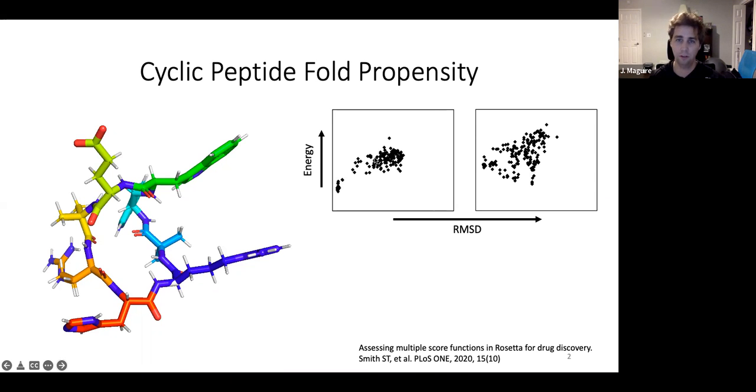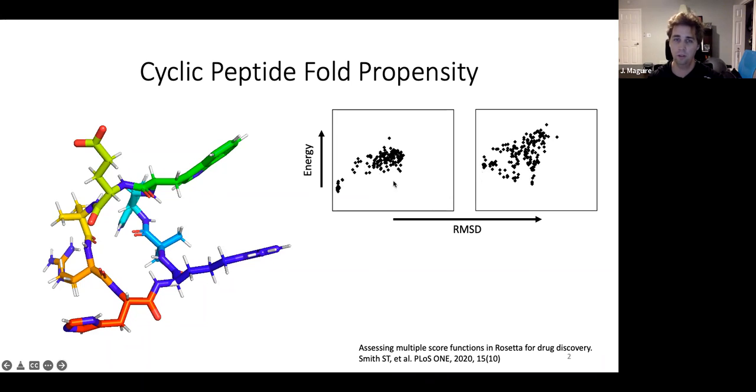So this funnel on the left is exactly what we'd like to see. I stole this from one of Shannon Smith's papers, but we see this pattern a lot in our community's literature. And on the right, this is less ideal. Some might say bad, though it's largely a spectrum.